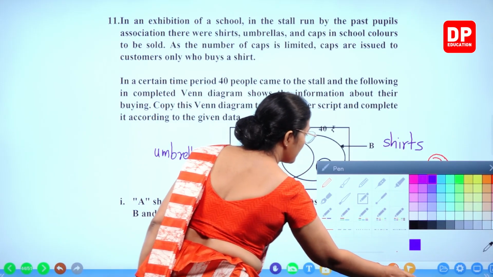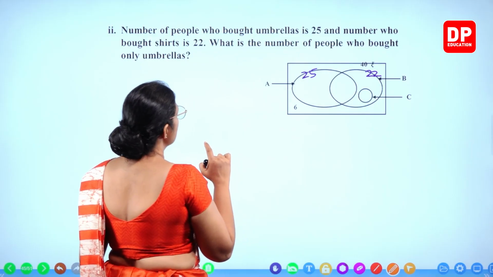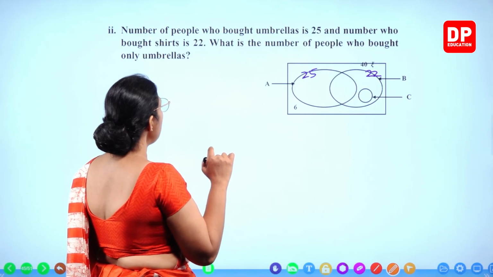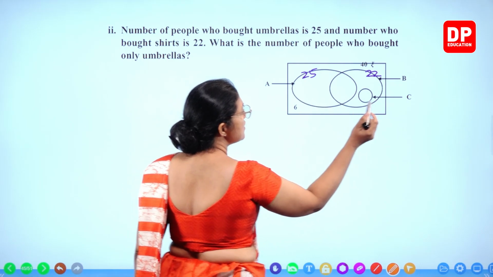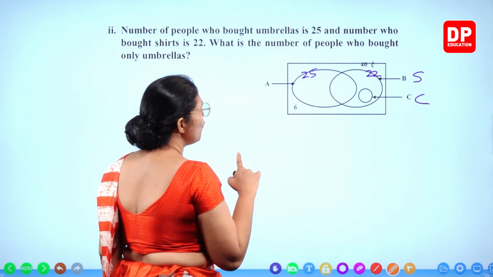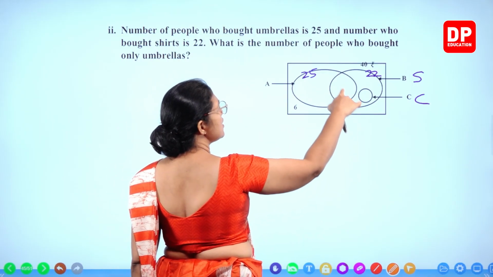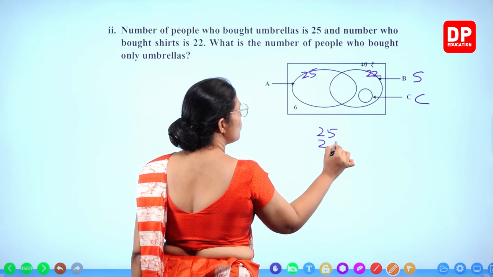Then let's see. What's the next part? Number of people who bought umbrellas is 25 and number who bought shirts is 22. What is the number of people who bought only umbrellas? So we need to find out this part. We know this is shirts and this is caps. So how you find out this part, intersecting part? We can add 25 and 22.